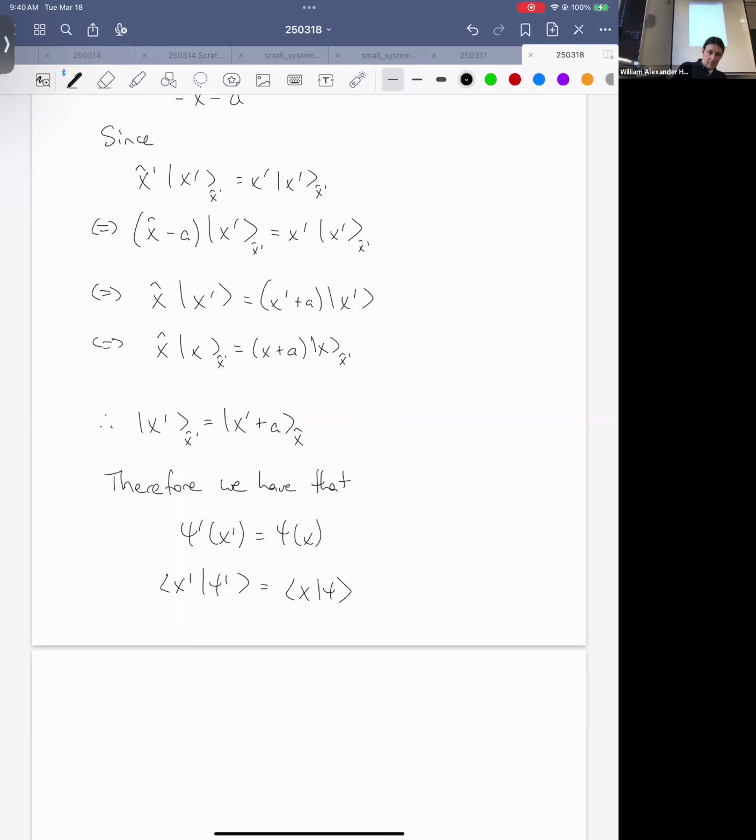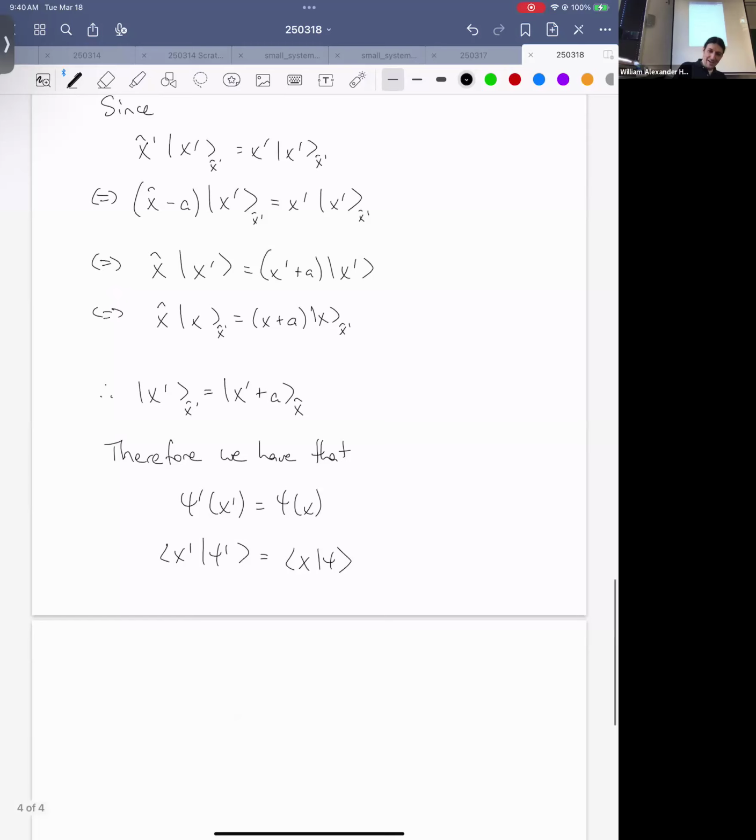And then what I wrote when I was preparing this is my x prime is x plus a, psi prime. And this is also x plus a, psi. What am I doing? This is all garbage. Sorry. This is x psi. And so this is psi prime of x plus a equals psi of x.